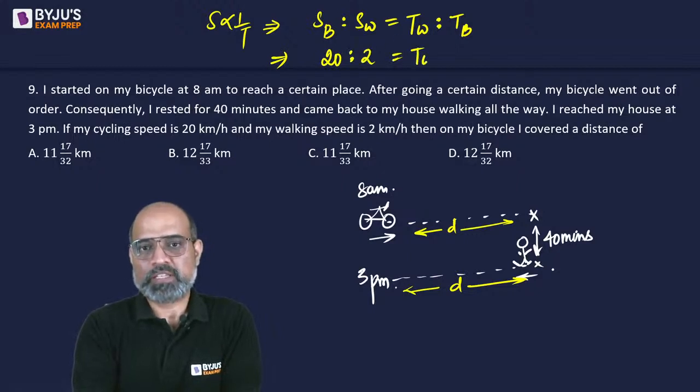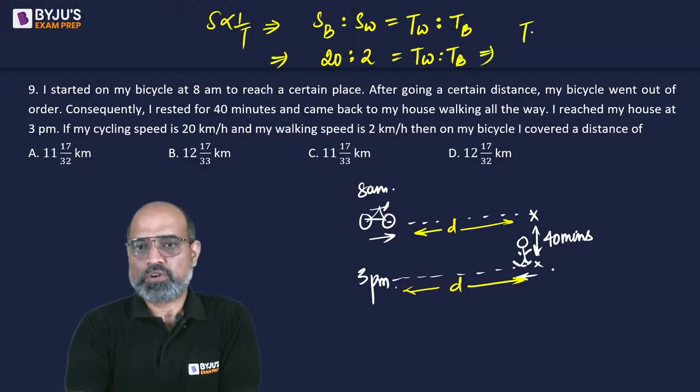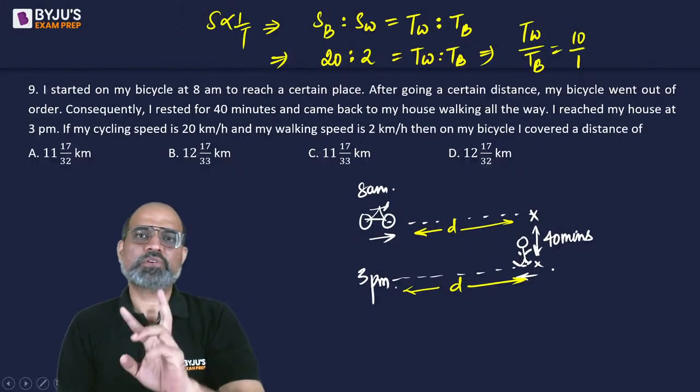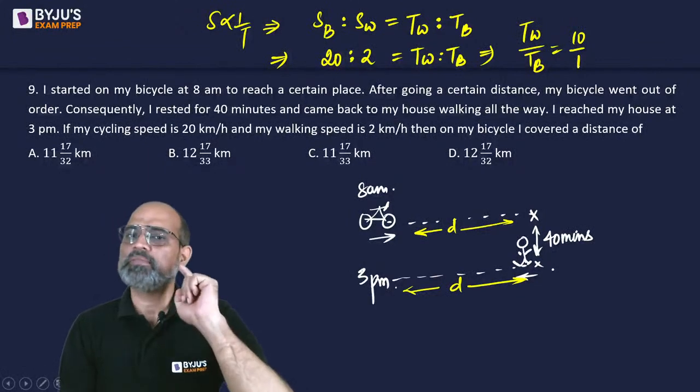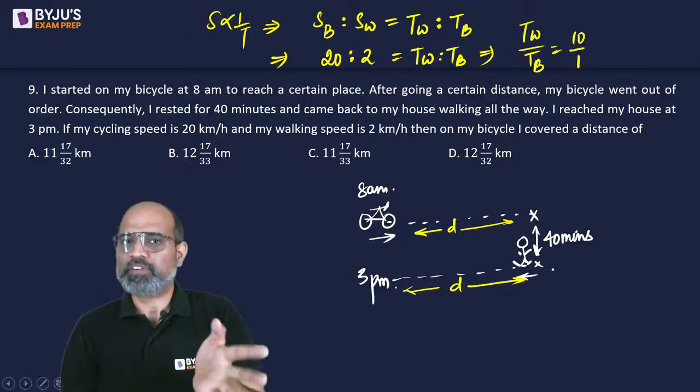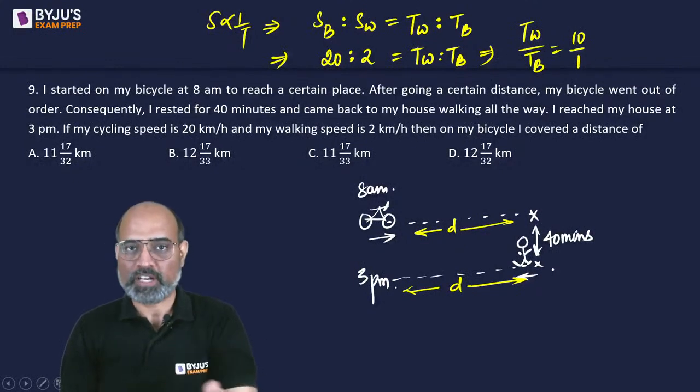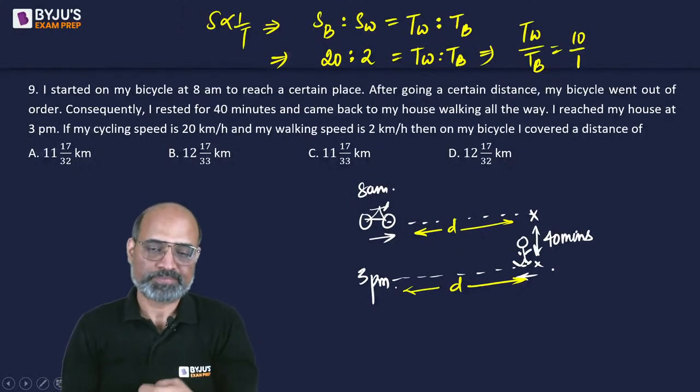So the ratio of walking to bicycling time is 10:1. It means if I bicycle for 1 minute, I walk for 10 minutes. For every 10 minutes that I cycle, I walk for 100 minutes. So the ratio is going to be 10:1.